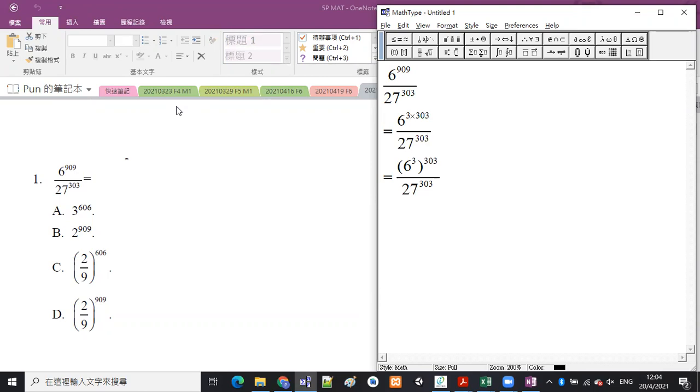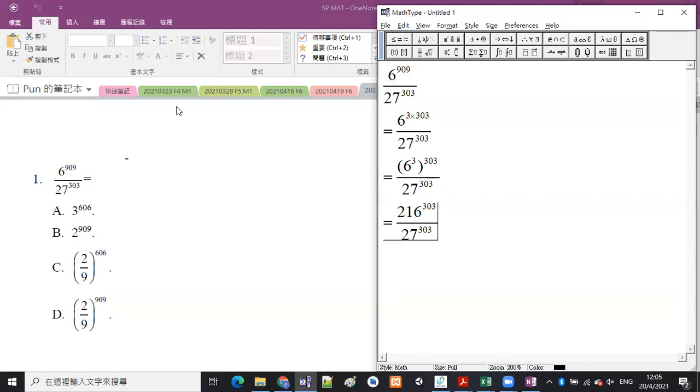Because when we change the number to be 6 to the power 3, then you may use the calculator. What is the value of 6 to the power 3? I think it should be 216, right? So the top part becomes 216 to the power 303. And then the bottom part becomes 27 to the power 303, no change.